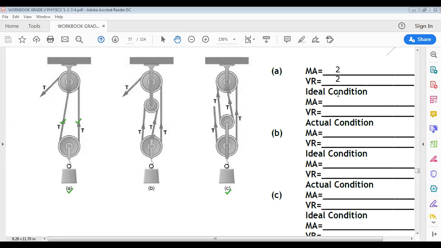Now, can you tell me the MA and VR for actual condition? Think and tell me. Type both the answers together. MA and VR for actual condition.